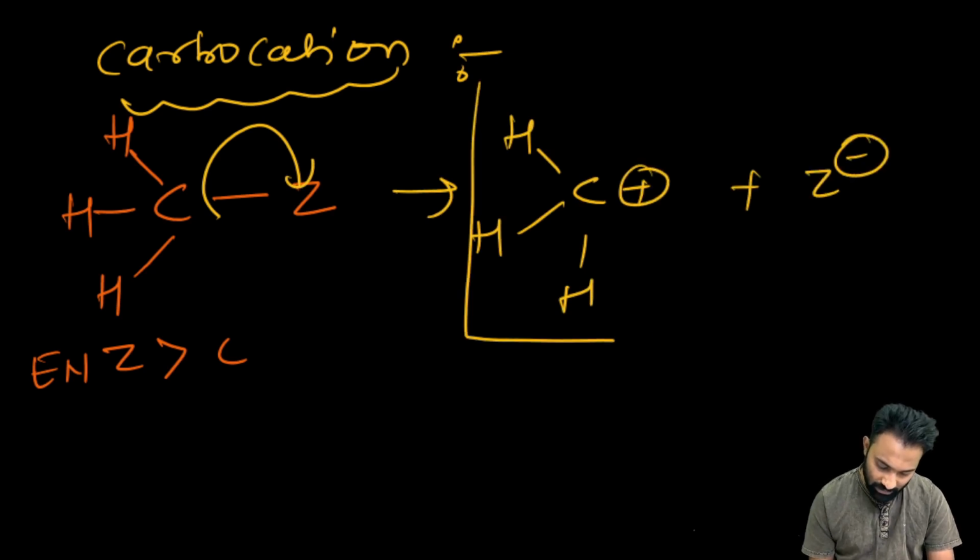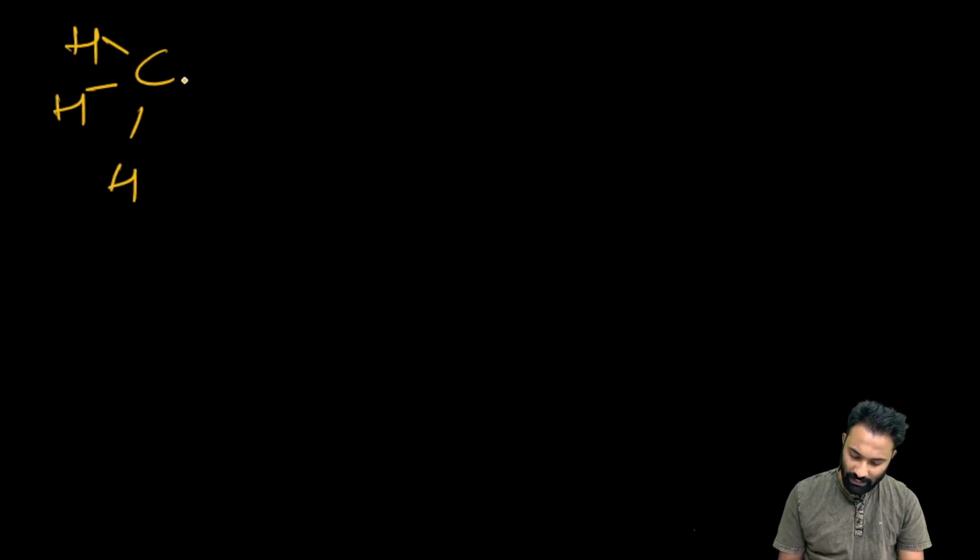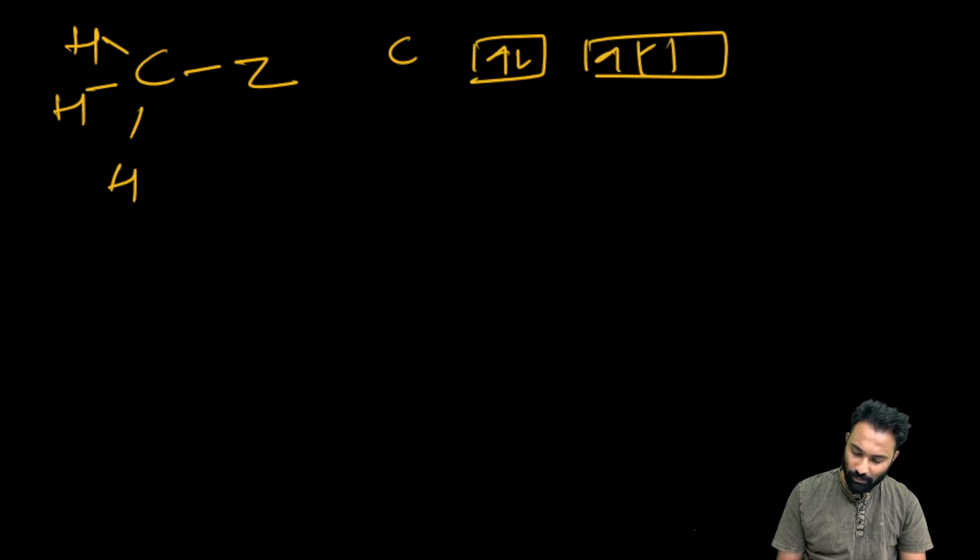Now we have to study this carbocation: what is the hybridization of this carbocation, and how has it been formed. Before, we saw carbon forming bonds with hydrogen and one Z. Normally the ground state electronic configuration of carbon is 2s2 2p2.